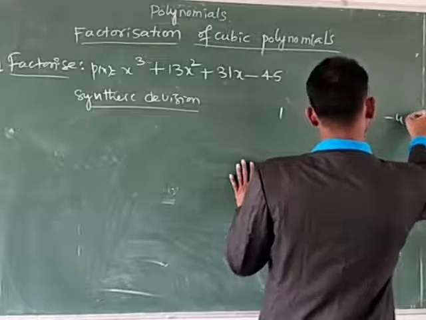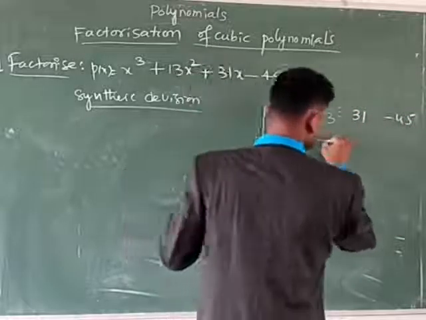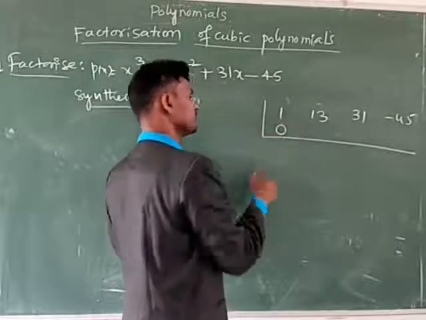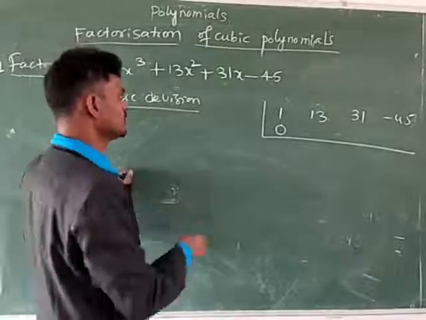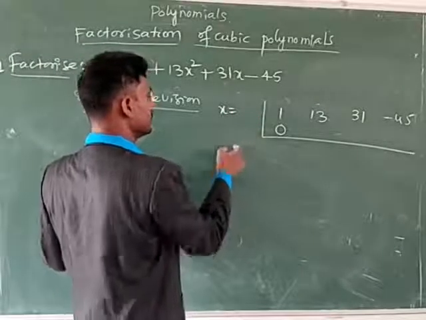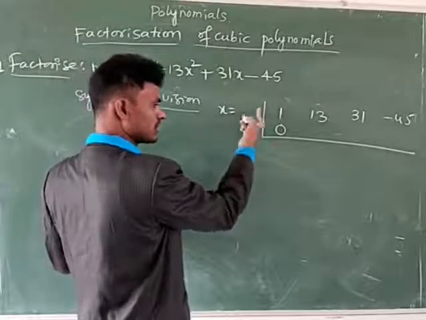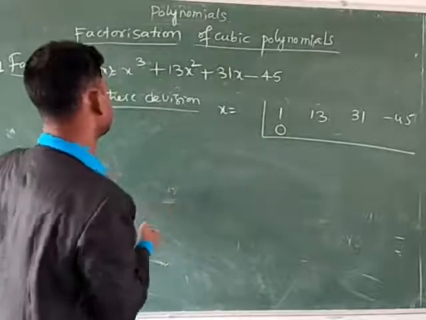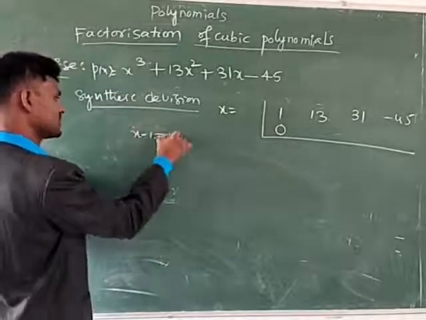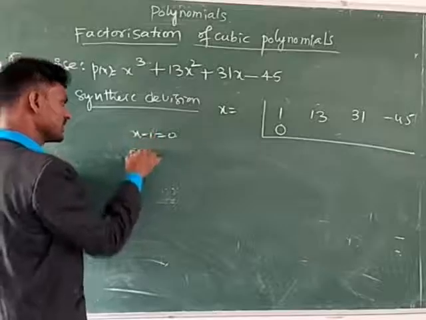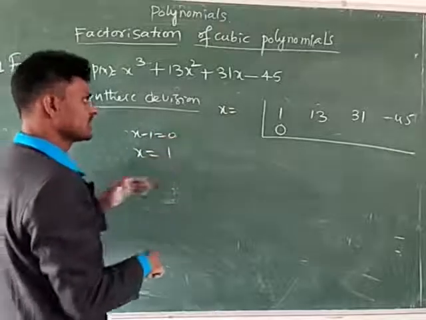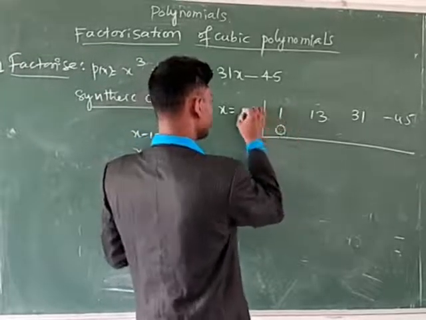You write this as it is. First you have to write 0. Next, for x you can substitute 1, 2, 3, 4, anything. Already we know that x minus 1 is a factor of this polynomial, so x is equal to 1. Then you write 1 here.